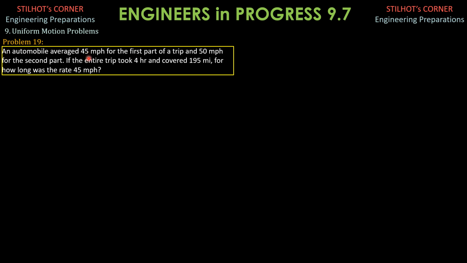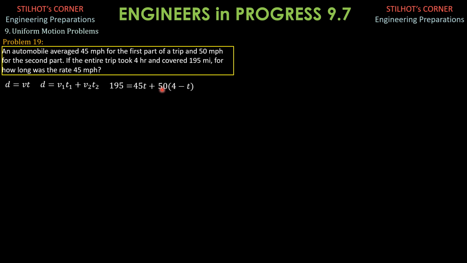So if we denote t as the time covered for the first part of the trip, distance equals speed times time, so distance equals v1 t1 plus v2 t2. So v1 is 45, t1 we just call t. So 195 equals 45 times t plus 50 times quantity 4 minus t, because the total trip took 4 hours, so the total travel time is 4.